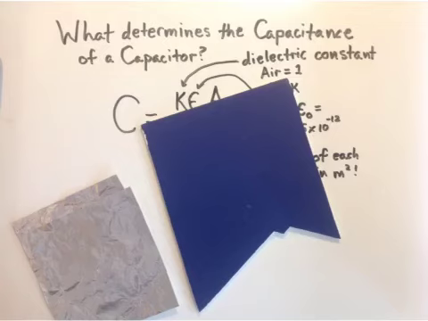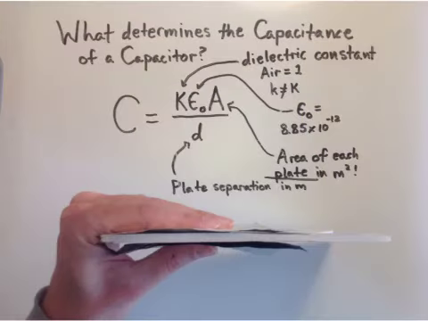Now, here I had a piece of foam board that was just sort of lying around. If I used foam board as my dielectric, it's going to provide a different result from paper for two reasons. I think you can appreciate that the foam board is significantly thicker than paper is, right? If that were paper, the distance might be, I don't know, 200 micrometers, which would be a very small plate separation indeed.